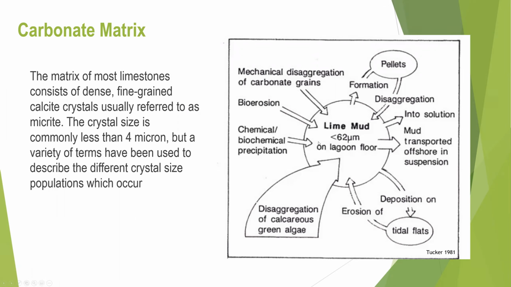But the mud, it's generated by different processes. For example, mechanical disaggregation of the carbonate grains, bioerosion, chemical precipitations, or deposition on the tidal flats. So we have different environment and different processes to create mud.